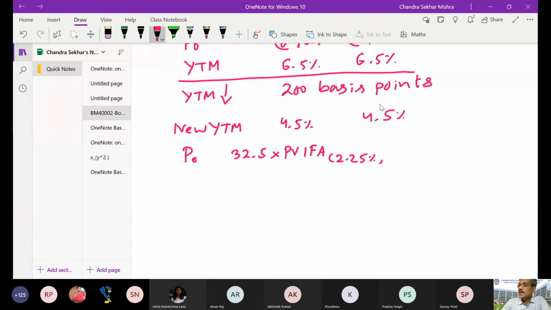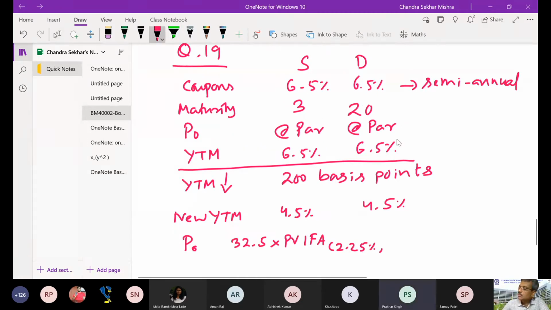We get 32.5 every 6 months, so we take R for YTM also as 2.25%. How many periods for the first bond? 6. Plus 1,000 into PVIF, 2.25%, comma 6.